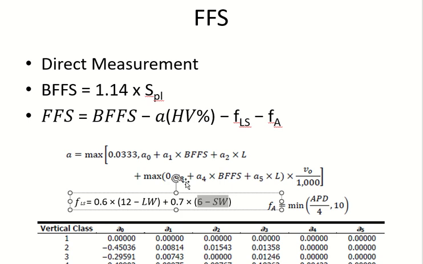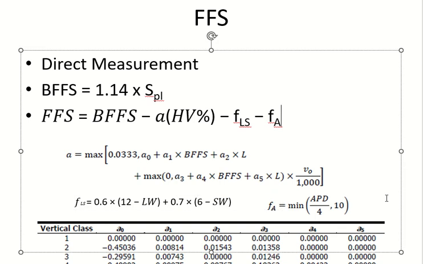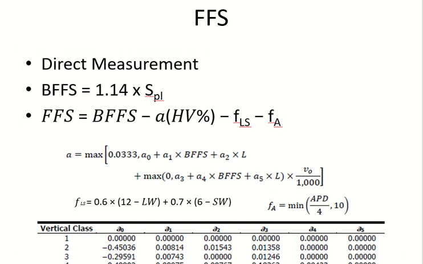My access points are 0, so access point density will also be 0: access points divided by length, 0 upon length, 0. So if this one is 0, the ratio is 0, and you have to take the minimum. So 0 or 10, you will take 0 obviously. Minimum is 0. So FA is 0, this one is 0.